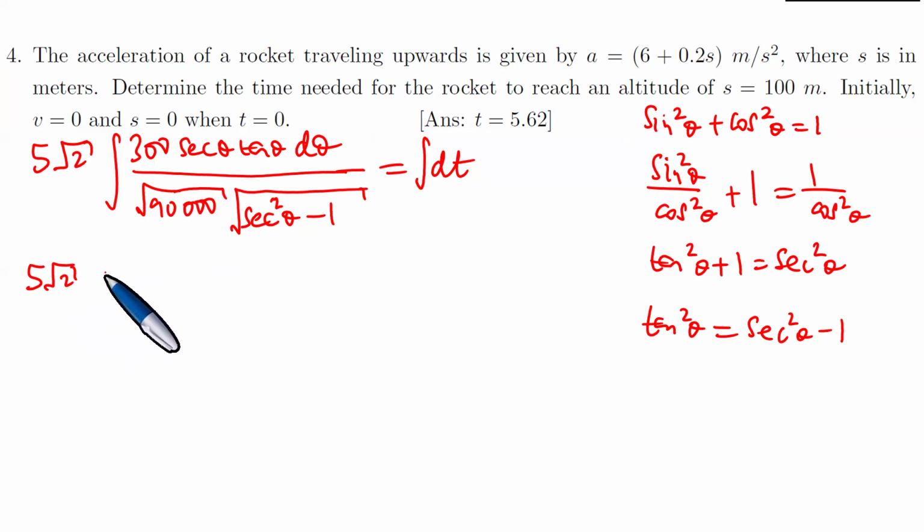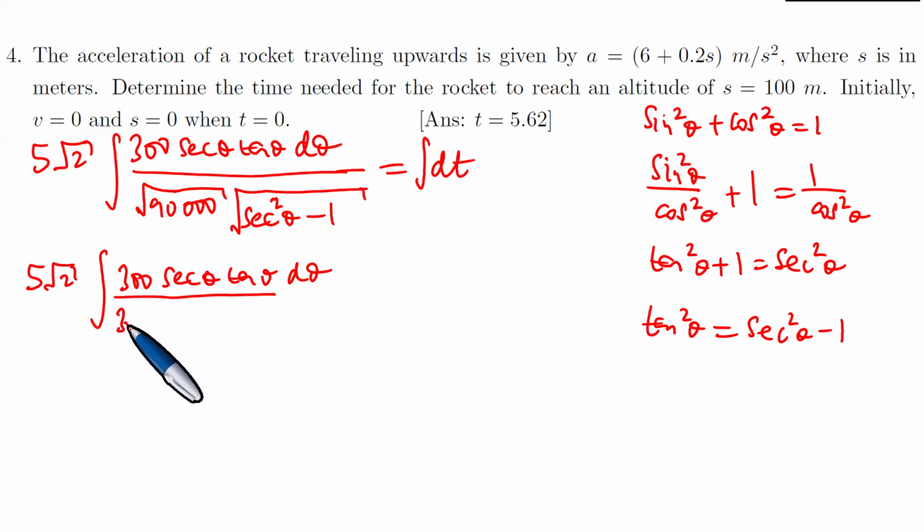So now, which means therefore we have exactly 300 secant of theta, tangent of theta, d theta. The square root of 90,000 becomes exactly 300. And then now you have the square root of the secant squared minus 1, which is the same as the square root of the tangent squared.